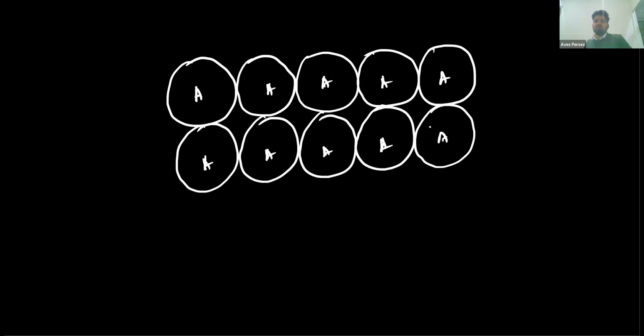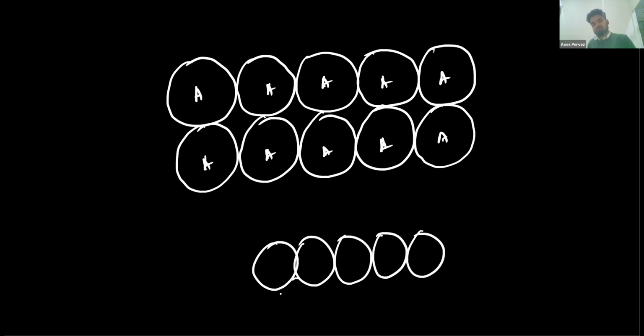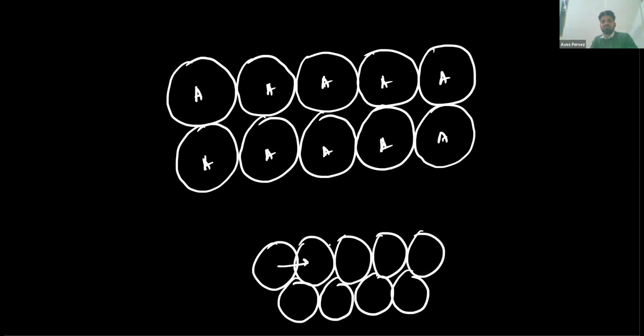Due to distortion, one layer can slide over the other, and this results in distortion of the shape. Are you getting my point? So if one layer can slide, what will we do? If we place an atom in between these layers, they will not be able to slide.